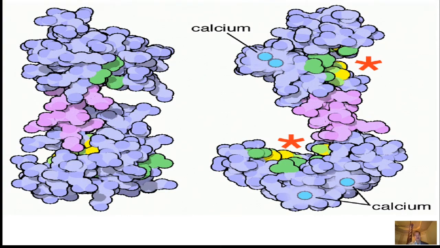This is a calmodulin molecule. On the left side is a calmodulin molecule with no calcium attached, while on the right side is a calmodulin molecule with calcium attached. Now, I did stress in my previous videos that the very first step in all the normal physiological process as well as the pathological process is initiated by the attachment or the coupling of calcium ions to calmodulins.